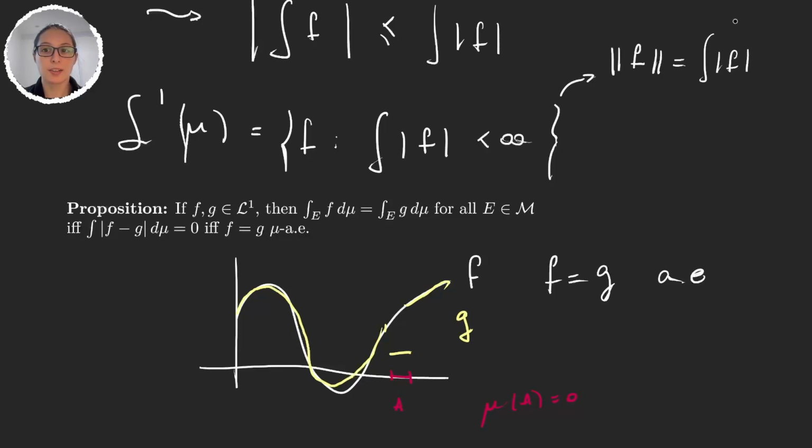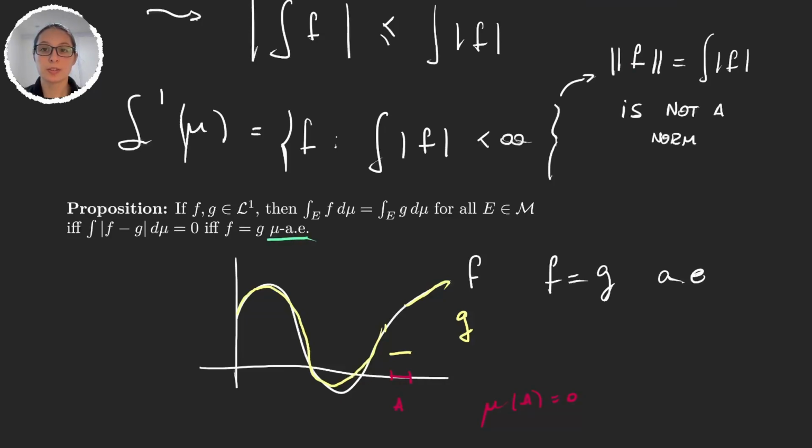But I can't do that because there are different functions that will have the same norm, because I can just redefine my function on a set where the measure is 0, and then I will have two different functions for which the integral of this absolute value is 0. But then this is not a norm. Well, the answer to make it a norm is right here: almost everywhere.